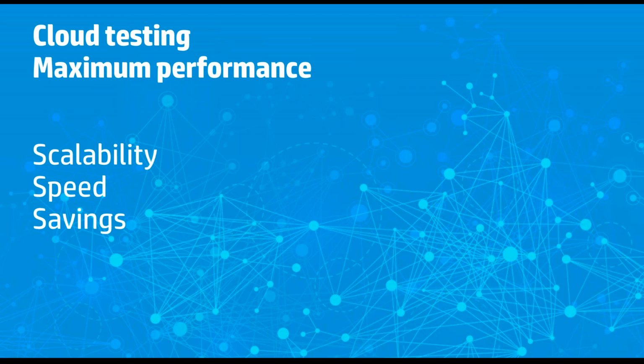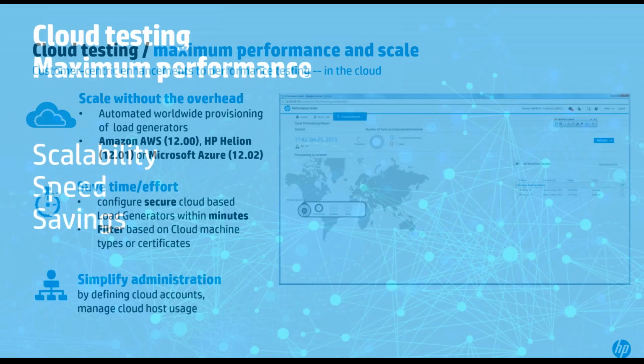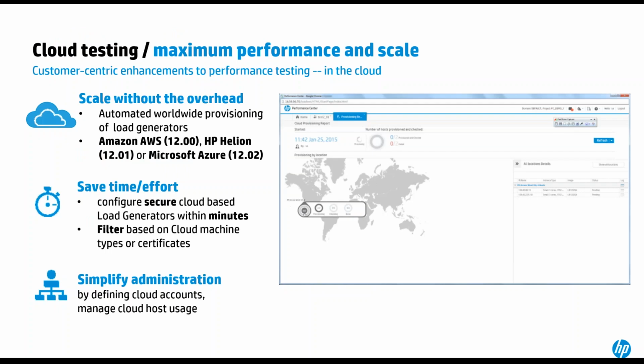So in version 12, we introduced a cloud testing feature which allows you to spin up load generators in the public cloud. It started with Amazon support in version 12.0, and we added HP Helion support in 12.01. 12.02 for LoadRunner and 12.20 for Performance Center, which we'll talk a bit about the difference in the numbering there in a second, both support Microsoft Azure as well.